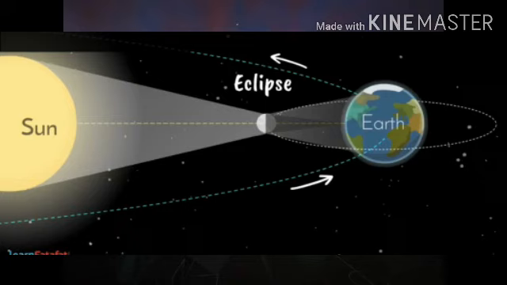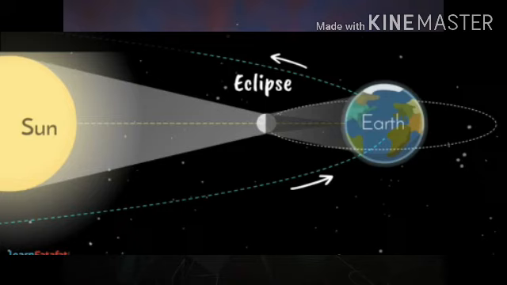Have you noticed during eclipses there are a large number of birds and animals that get confused due to the untimely darkness that sets in? Try to observe the response of the birds and animals at the time of such events.